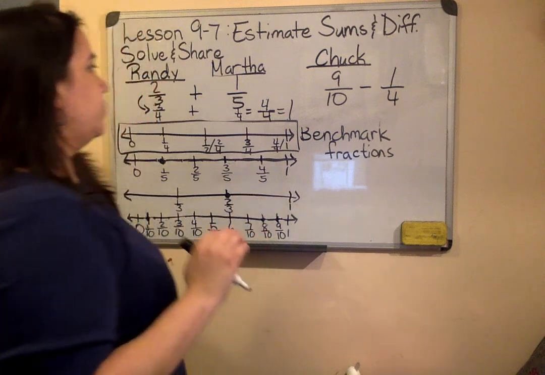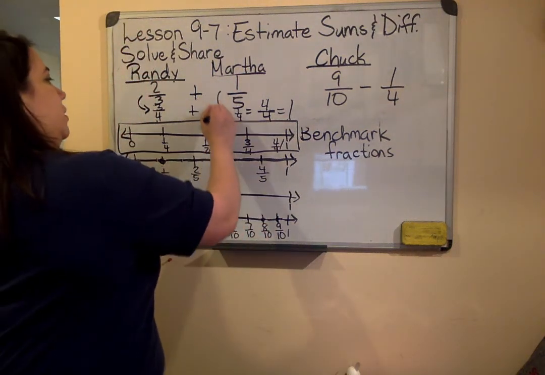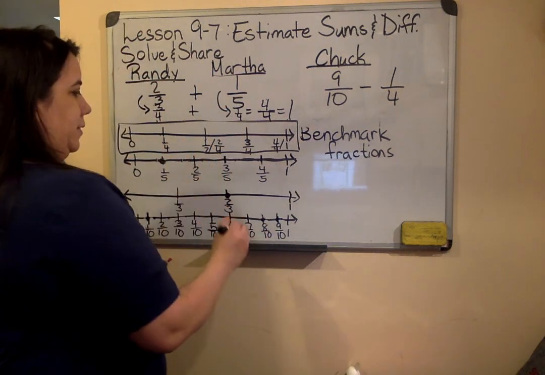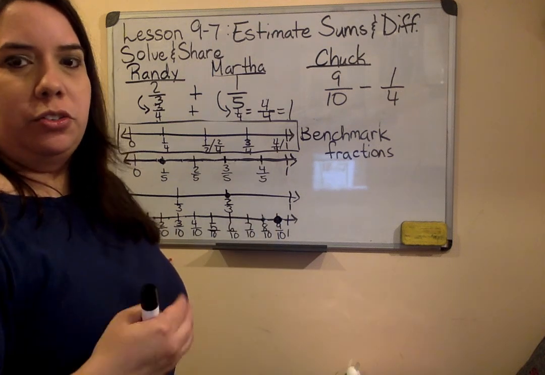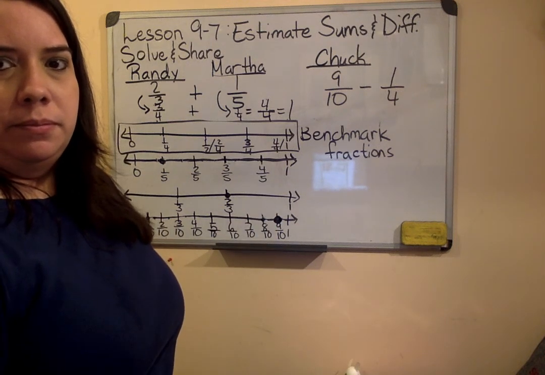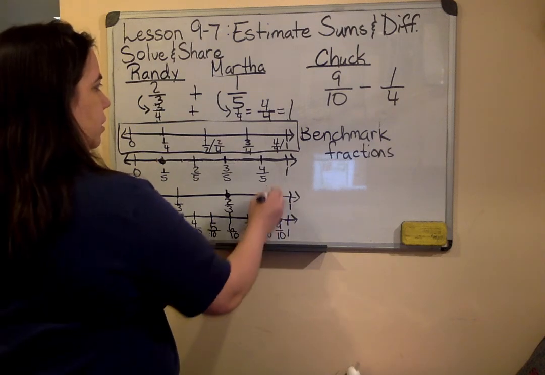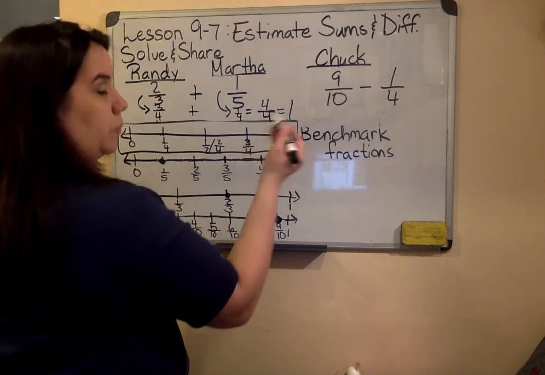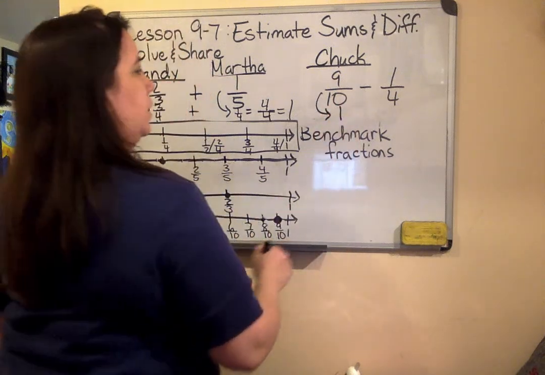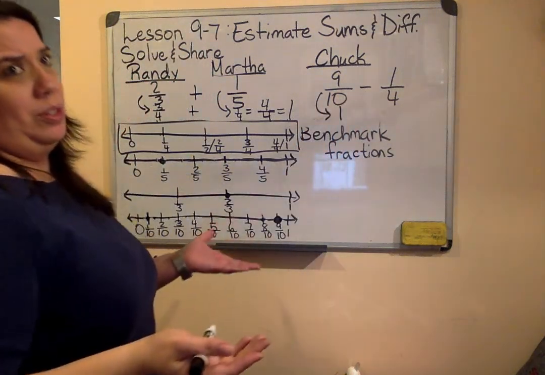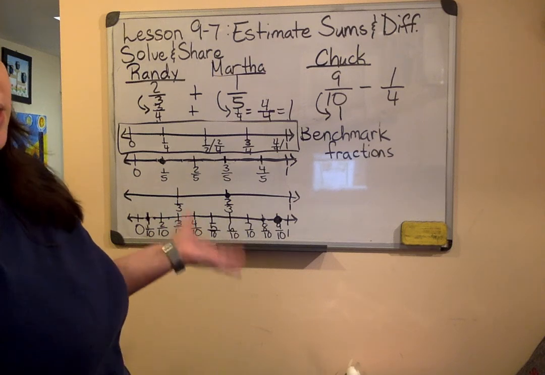Again, we look. 9/10, that's over here. 9 décimos, it's close to what? Well, it's all the way up here. It's close to what? 1. A uno. And then 1/4, this was uno entero. Es un cuarto, that's a benchmark fraction.